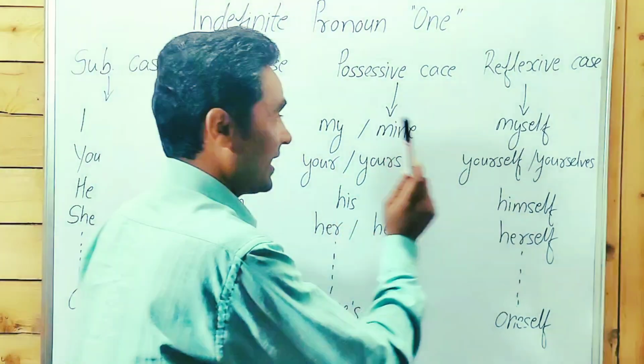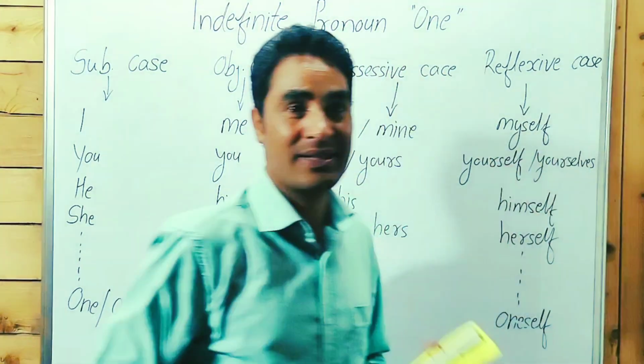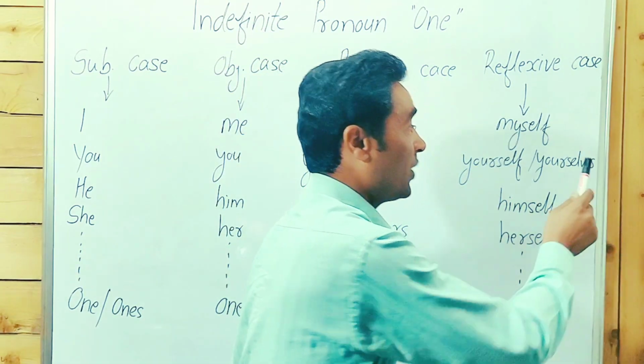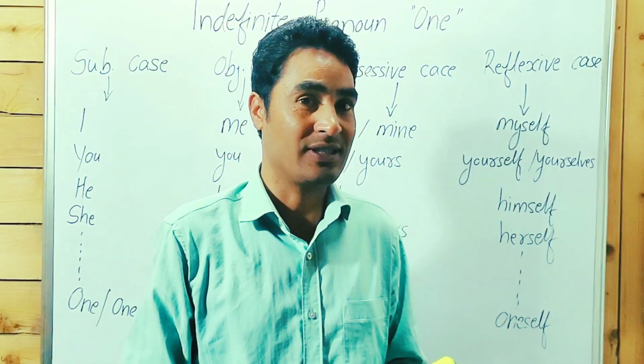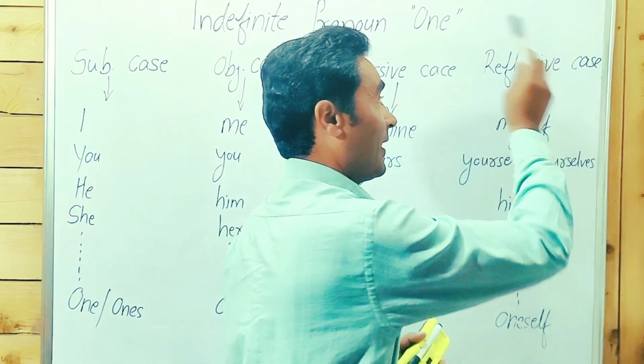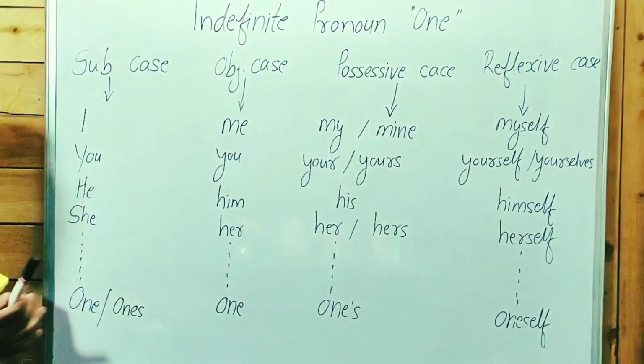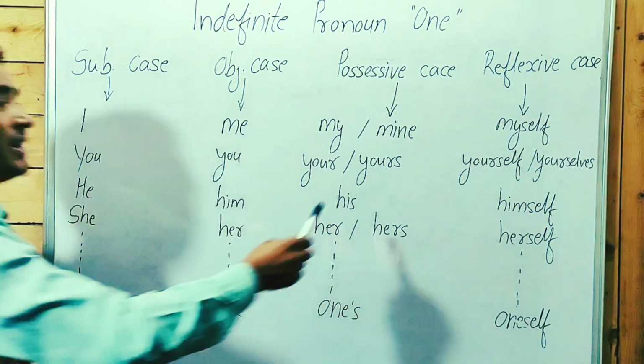So here: yours, and yourself and yourselves. Guys, point to be noted: yourself and yourselves, both can be used. I will teach you in the reflexive pronouns video what the difference between them is.